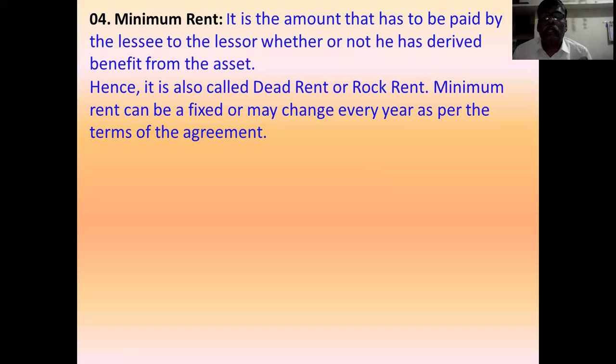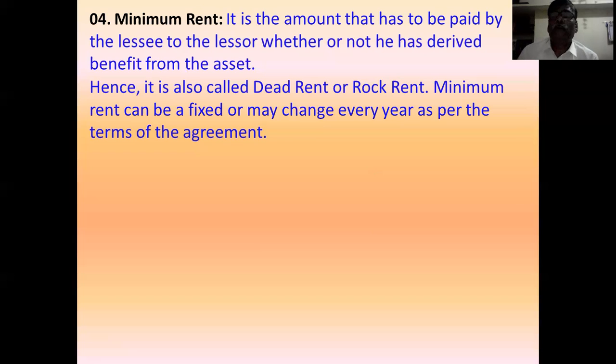Royalty is calculated on the basis of benefit derived, based on rate per unit. Royalty is rate per unit and it is calculated on the basis of benefit derived. And minimum rent is the minimum amount payable if the lessee does not commence the work, or he commenced the work but benefit derived is not up to the mark.